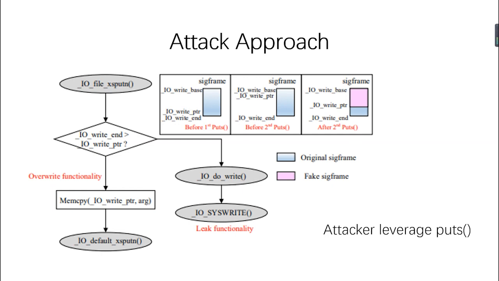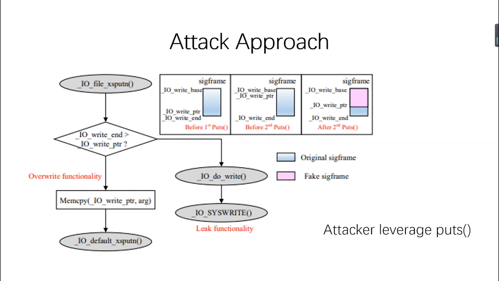Before the put function's first invocation, we set the current write pointer to point to the end of the signal frame. The put function considers the output buffer full, and it will leak the signal frame.